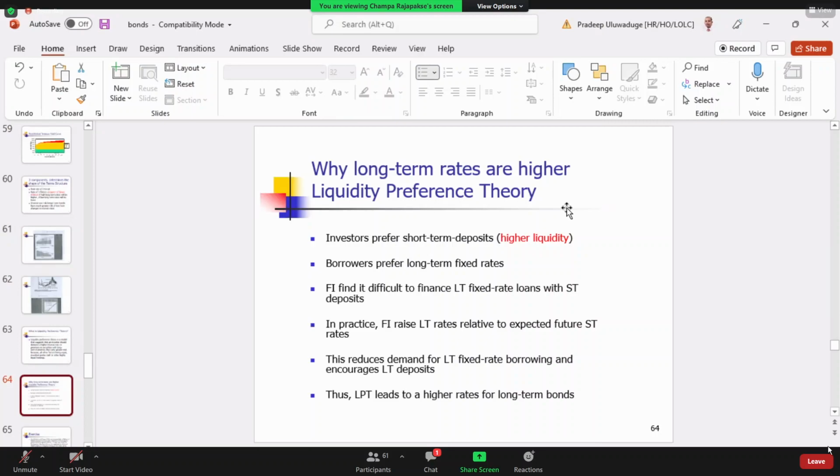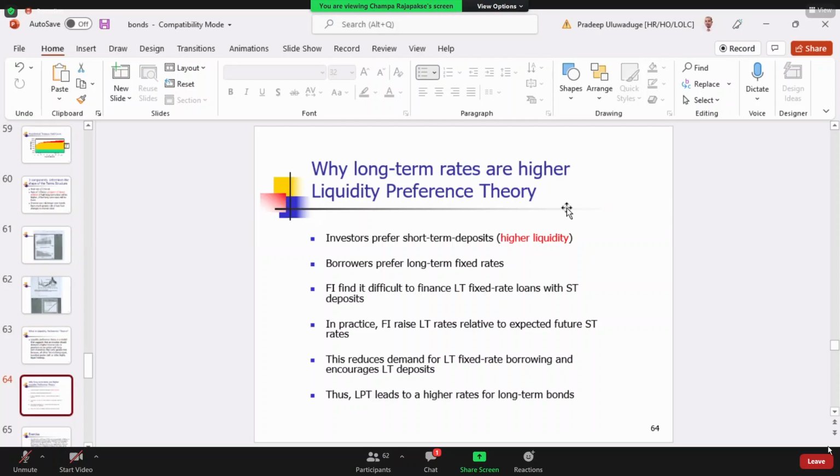Now, financial institutions, in their intermediary function, find it difficult to finance. People want to deposit short term and firms want to borrow long term, so it will be difficult to finance long-term fixed rate loans with short-term deposits.